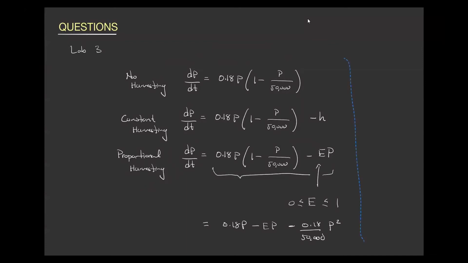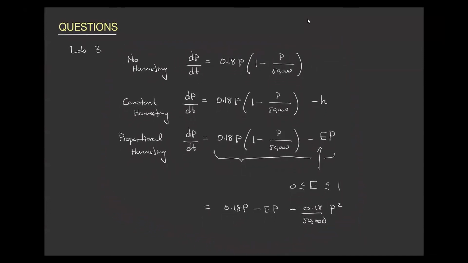And that, of course, would simplify down to this: negative 0.18 over 50,000 p, and then we would have plus 0.18 minus e, and then that's multiplied by p. So that's with a little bit of simplification.